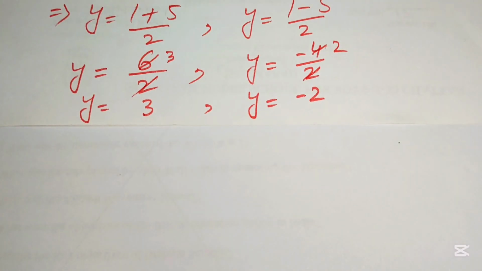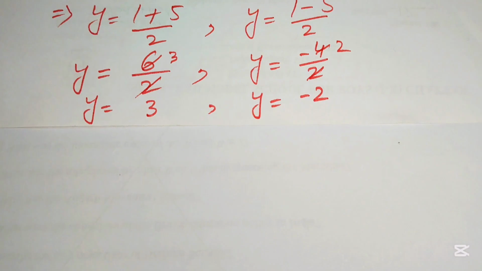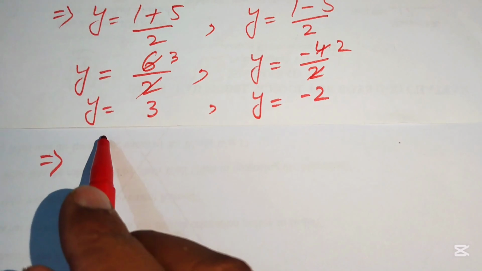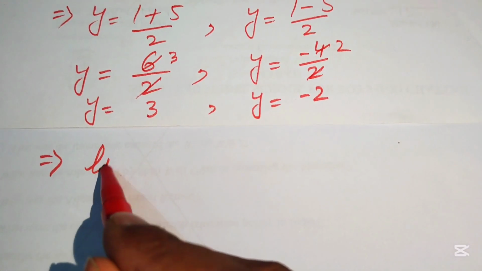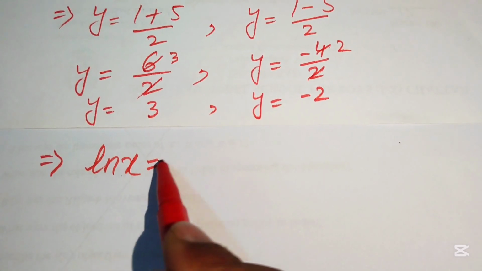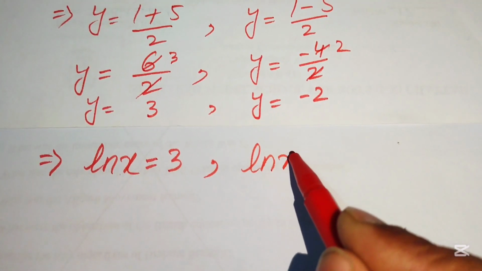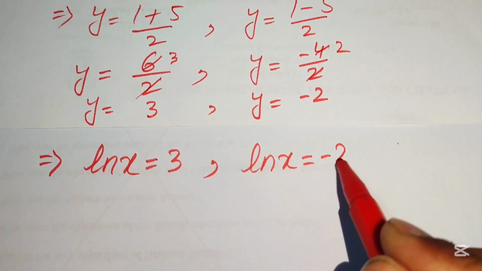Here you see that we have two values of y, but now we need to move backward and substitute the value of y. We have y taken as log x, so log x equals 3, and in the other case log x equals minus 2.